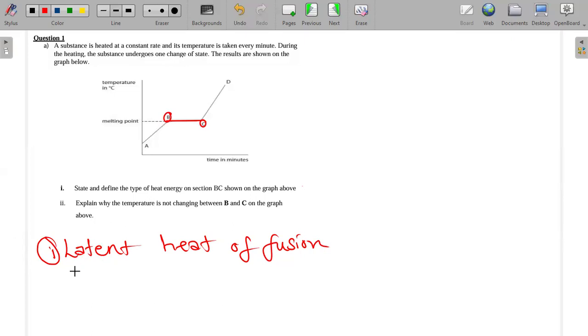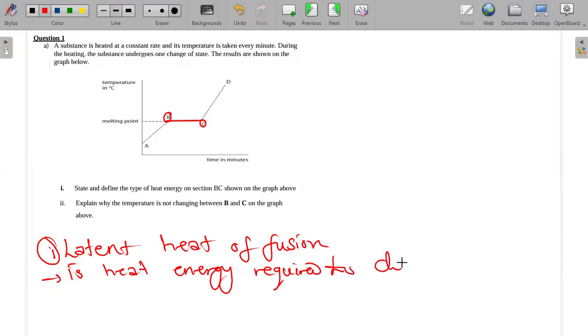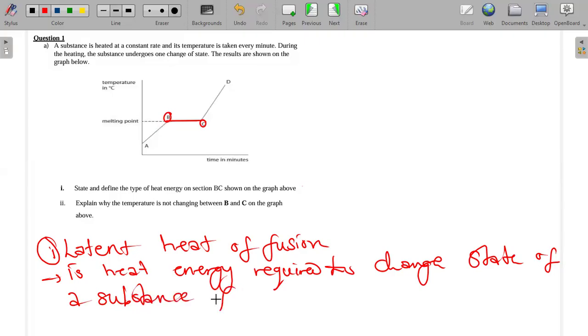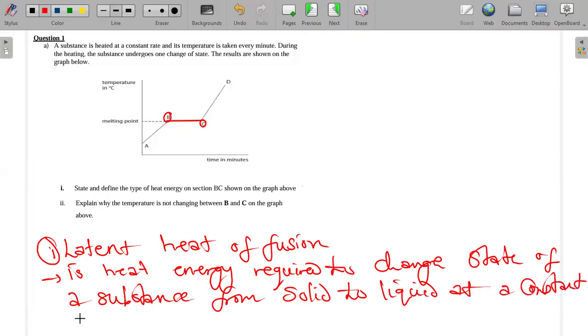So it's the thermal energy, heat energy required to change the state of a substance from solid to liquid at a constant temperature.